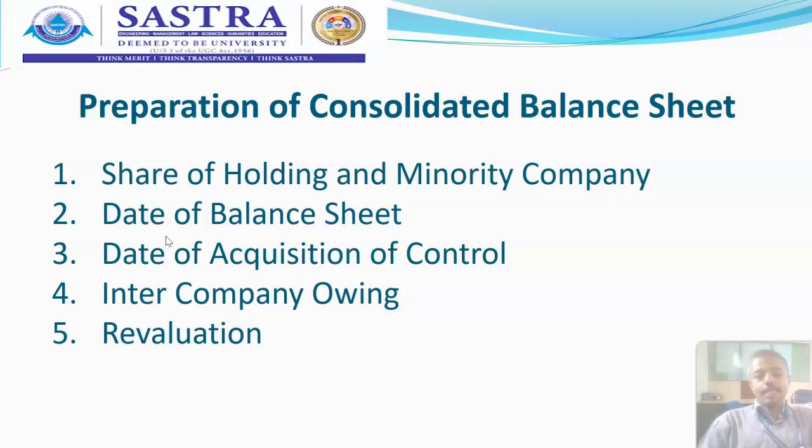So what is the realizable value of assets in the market on the date of acquisition? Depreciation and adjustments on the revaluation amount, all these things need to be adjusted. We have a lengthy discussion of this while solving the sums, while consolidating the balance sheet of a holding company.